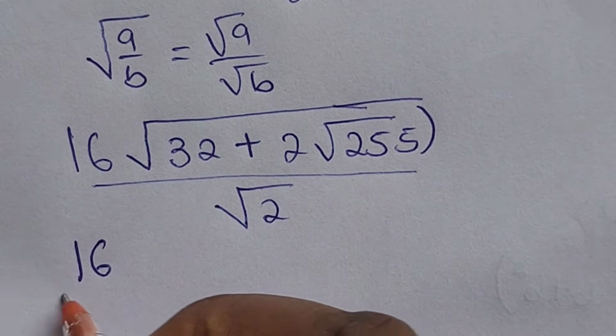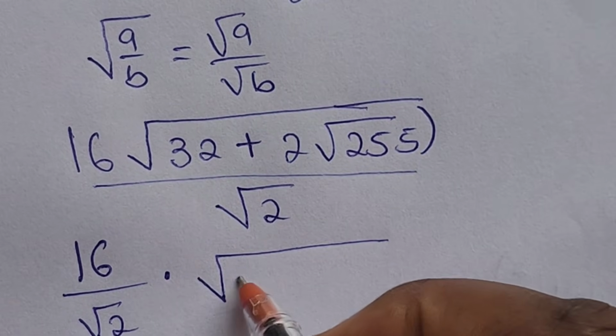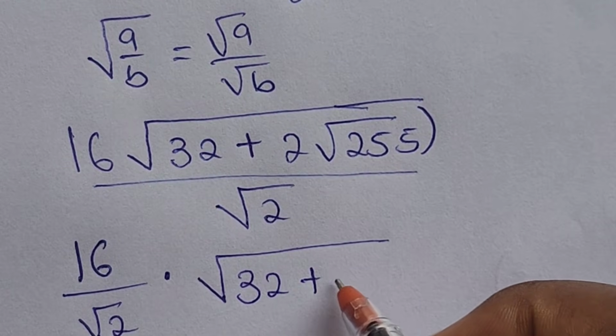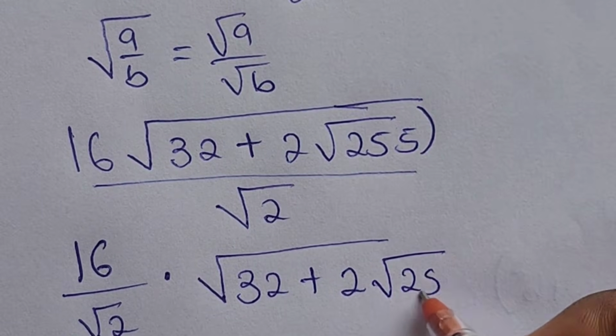So we have 16 over root 2 times root 32 plus 2 root 255.